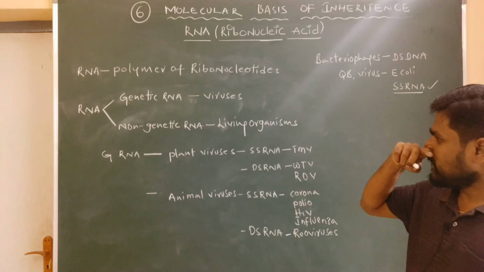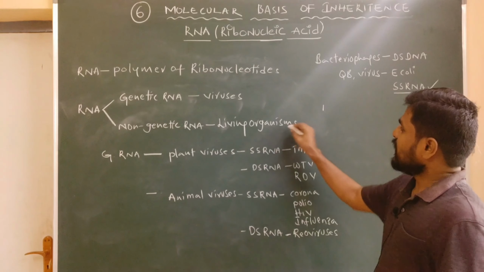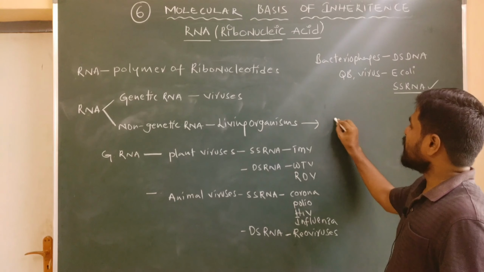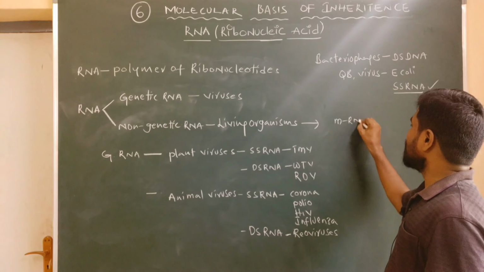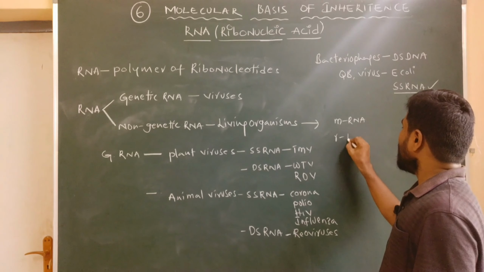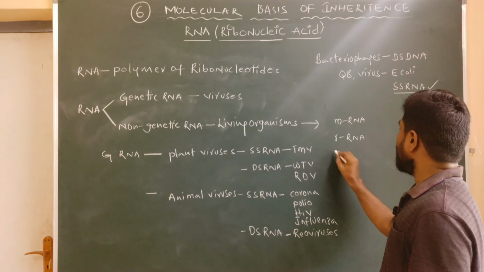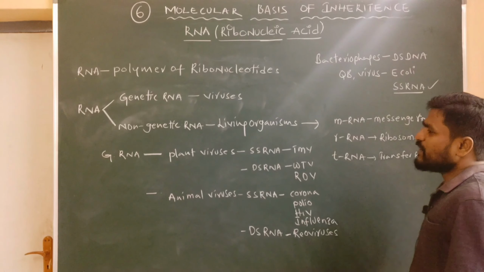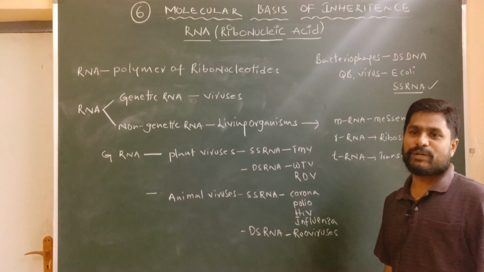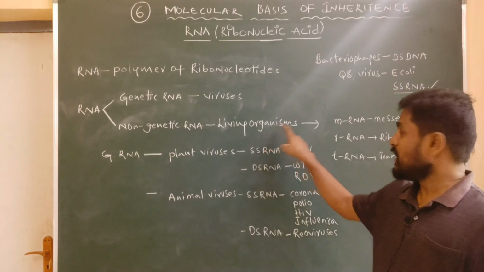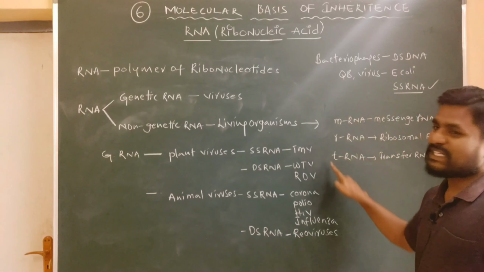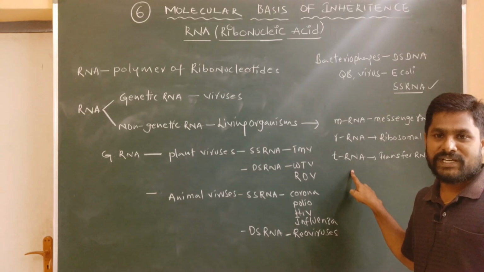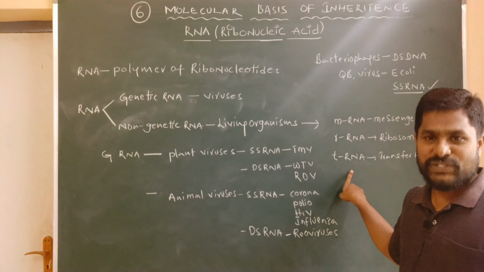And when we come to non-genetic RNAs, what are they? mRNA, rRNA and tRNA. These are the major forms of RNA molecules in the living system. These cannot act as a genetic material like that of the DNA, but they are involved in different functions.